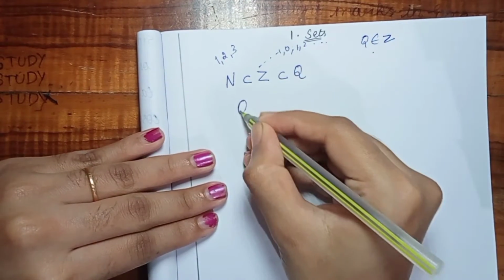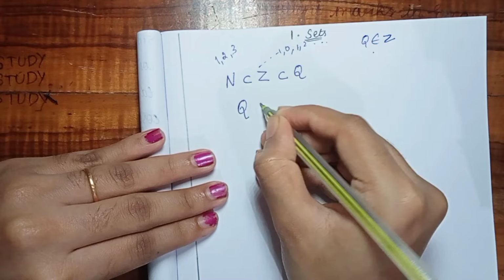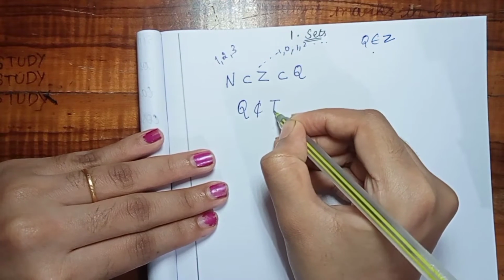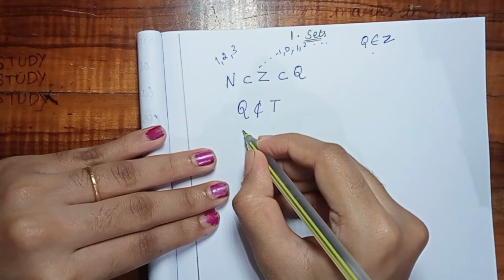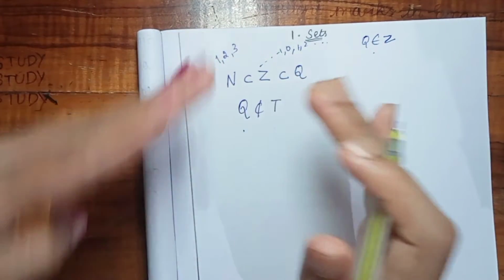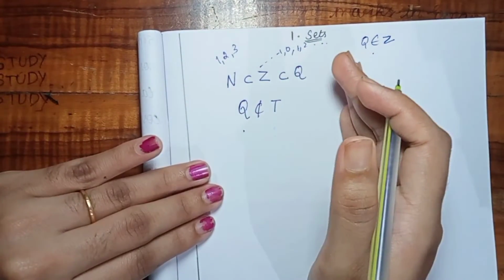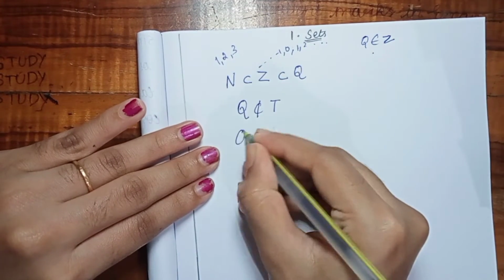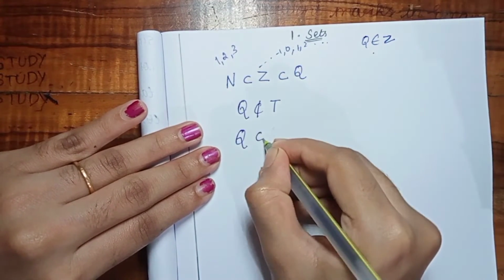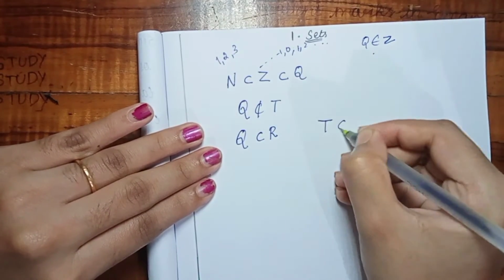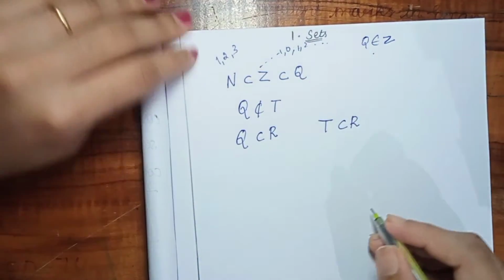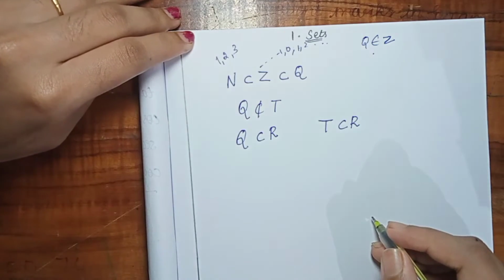Next, rational numbers do not belong to irrational numbers. We know that. Next, rational numbers are not a subset of irrational numbers, but rational numbers are a subset of real numbers. Irrational numbers are also a subset of real numbers. Understood?